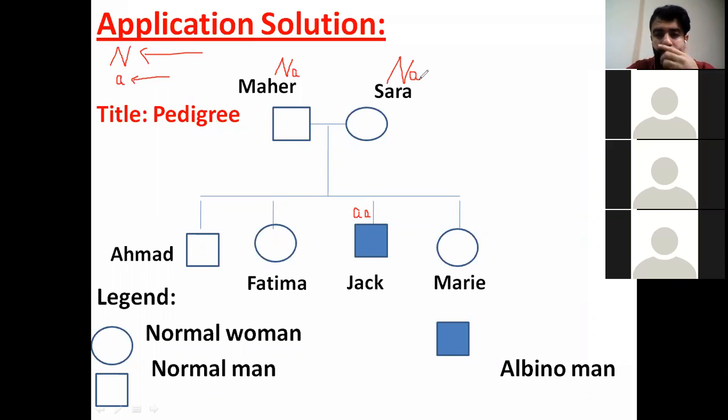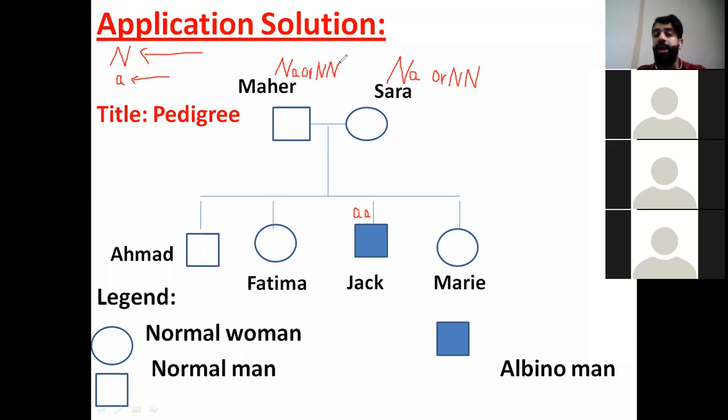Okay. So, can we explain it in a clear way? Let's see. For example, first of all, Maher and Sarah, are they normal or affected? They are normal. So they can be either NN, or NA. So we have two possibilities, either NA or NN.